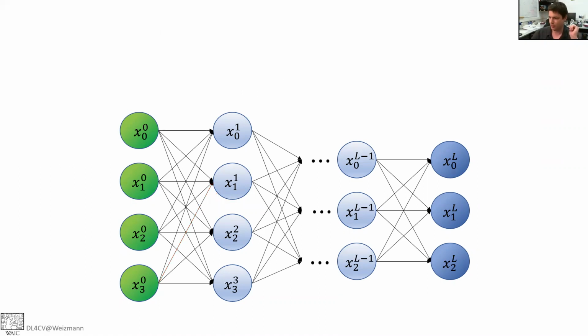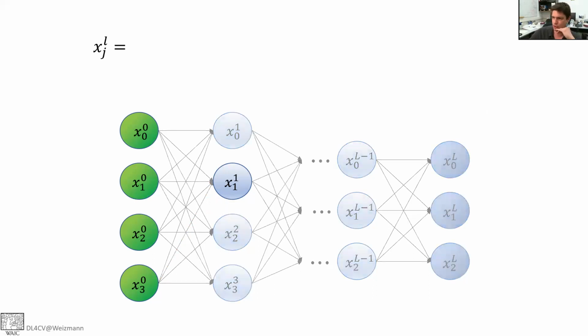All right. So let's see the math of this neural network, how everything is defined. So every such neuron is actually a function.